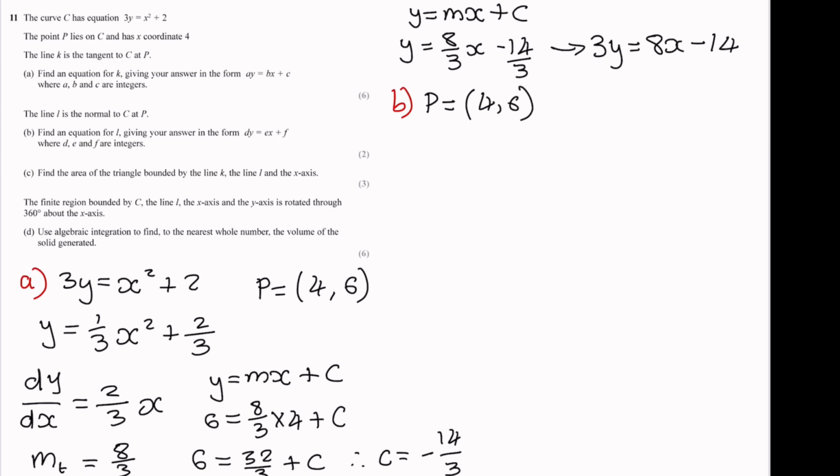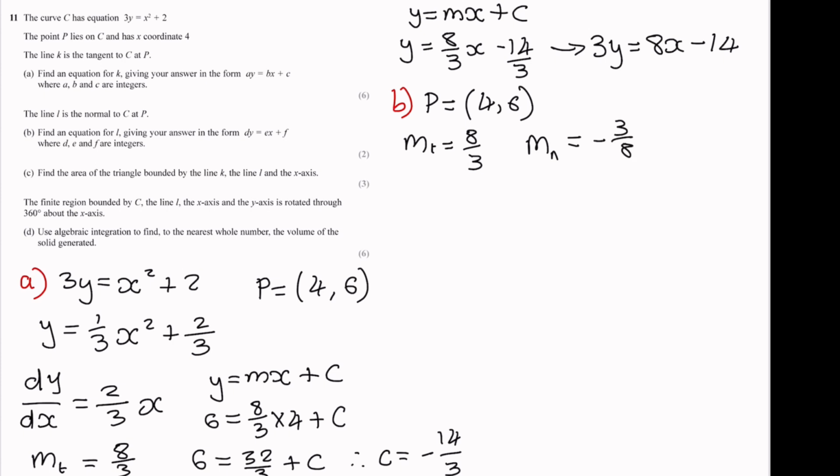So the gradient of the tangent is equal to 8 over 3, which means we know the gradient of the normal, which is perpendicular, or at a right angle, to the tangent. So m of the normal, n, so the gradient of the normal is equal to the negative reciprocal, so minus 3 over 8. So change the sign and flip the fraction.